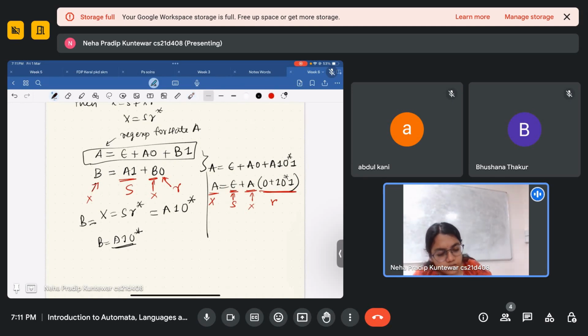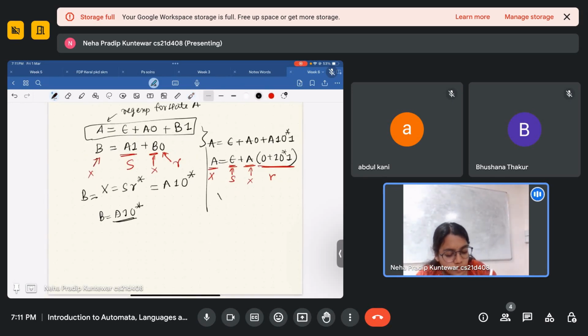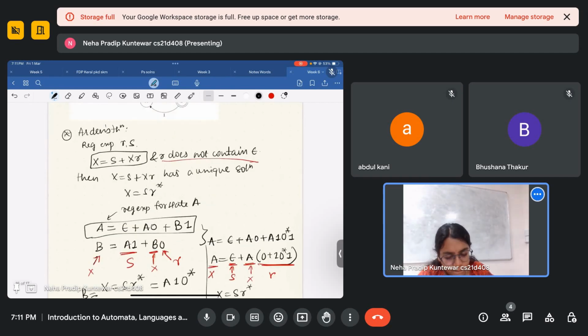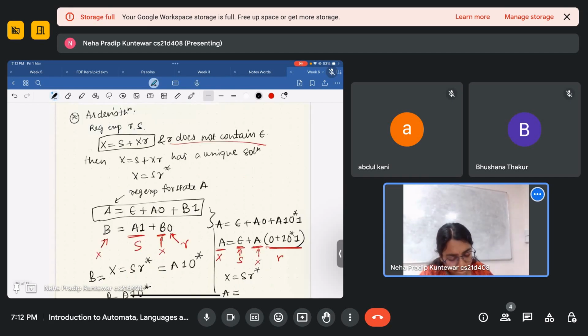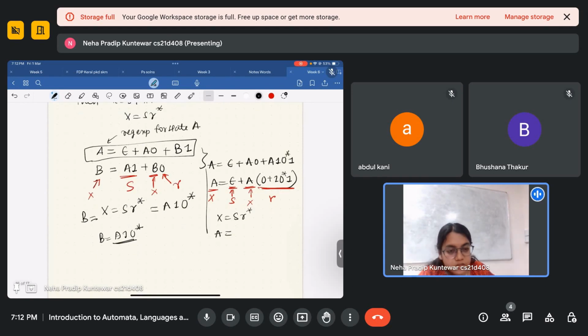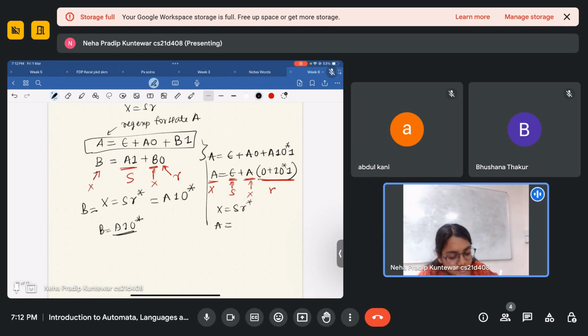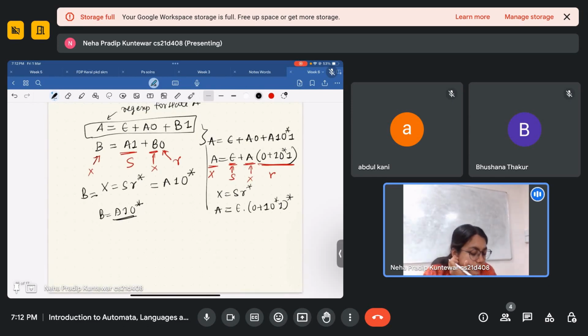So it gives X = S R star, which is A = epsilon times (0 + 10 star 1) star, where S is epsilon and R is 0 + 10 star 1.